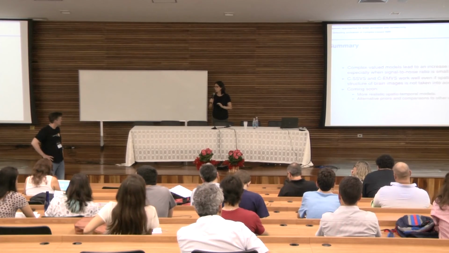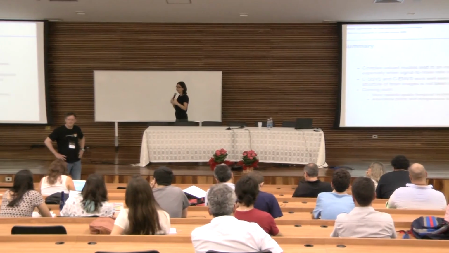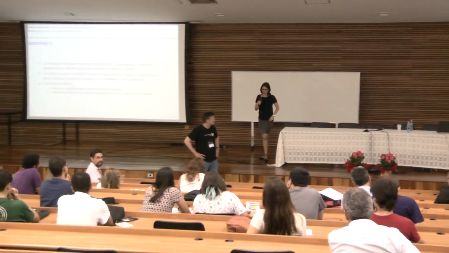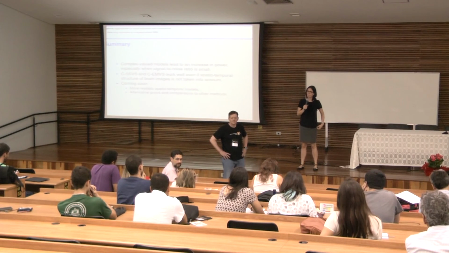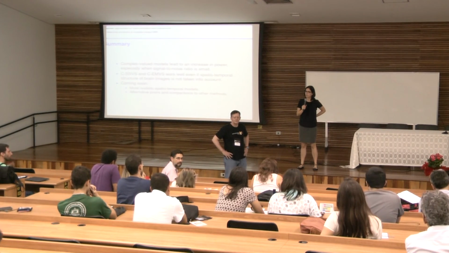So in that sense, I don't know if your question was related to that, but yes, there is some information that gets borrowed from the different subjects, right? So my point is, if you are doing this for a single subject, you have to be careful, because there is only so much you can get out of the data for a single subject.